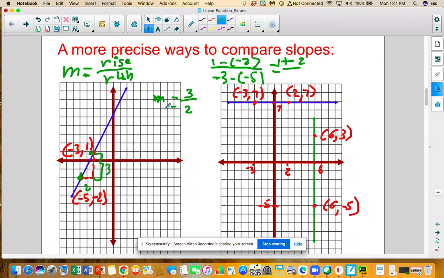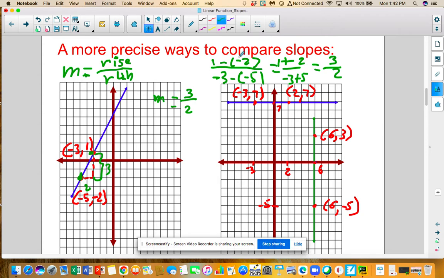And in the denominator, negative 3 minus negative 5 is the same as negative 3 plus 5. So 1 plus 2 is 3, and negative 3 plus 5 is 2. So you see, we get the same answer as before.